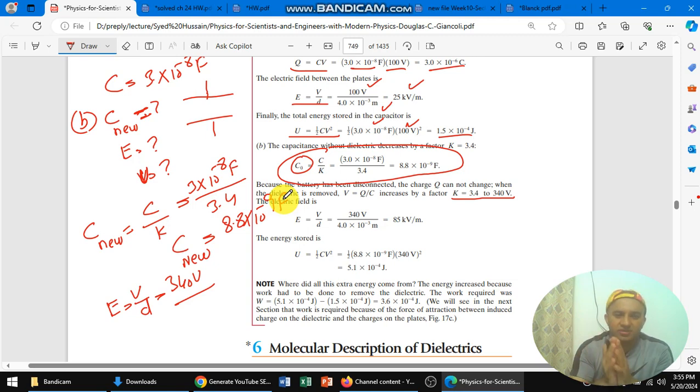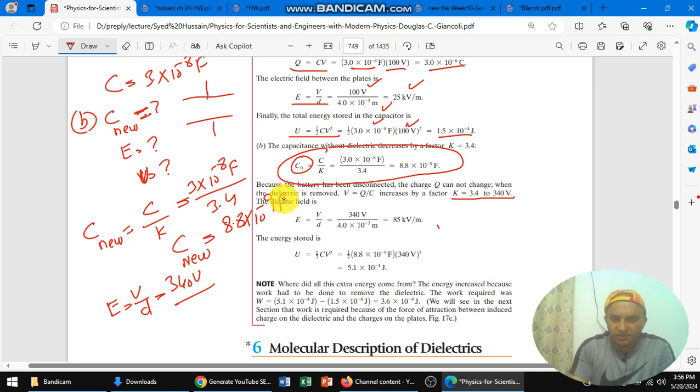In the previous lesson we discussed that the voltage is less when the dielectric medium is present between the plates, but without the medium the voltage is larger. So here, after removing the dielectric medium, the voltage has been increased by 3.4 times.